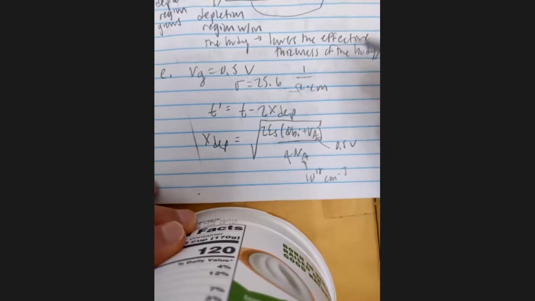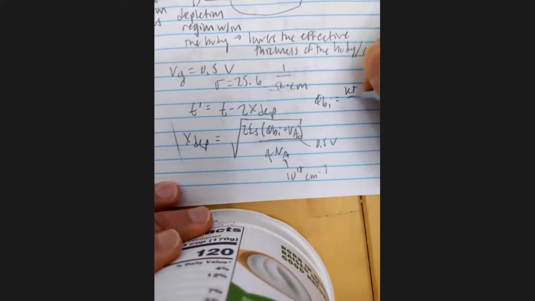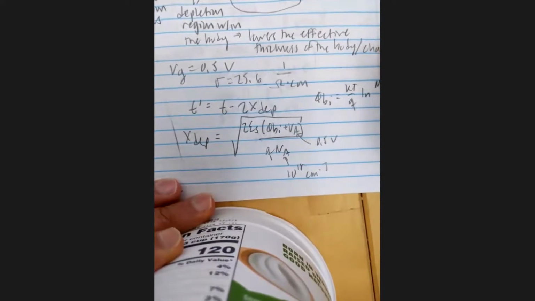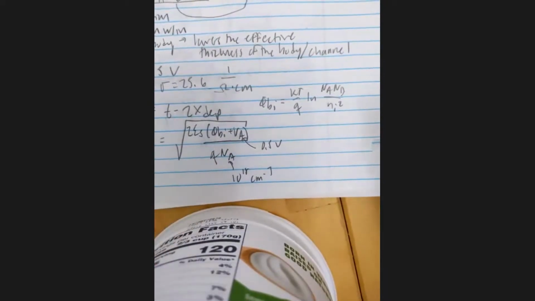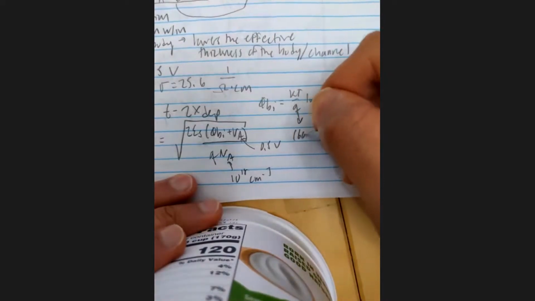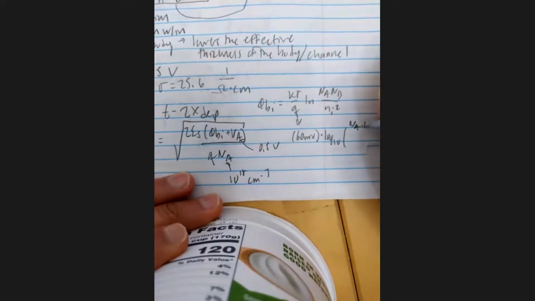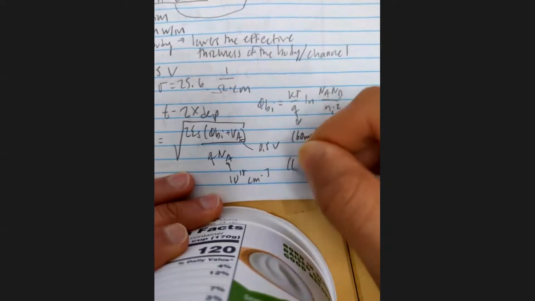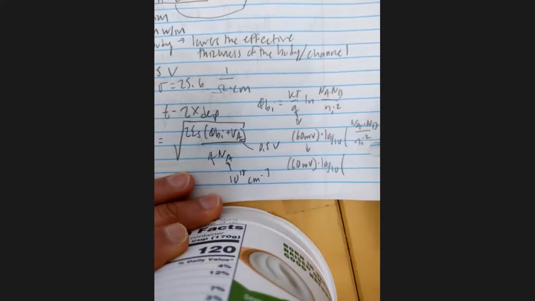And yeah, getting back to phi bi, we have that equation for it, kT over q times the natural log of Na Nd over ni squared. You can either do the natural log out, I think you're allowed calculators, or you can use an additional approximation that says this is equal to 60 millivolts times the base 10 logarithm of Na times Nd over ni squared, which should fall out quite nicely because everything is provided in terms of exponents of 10.